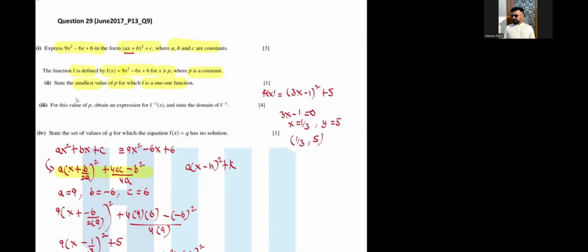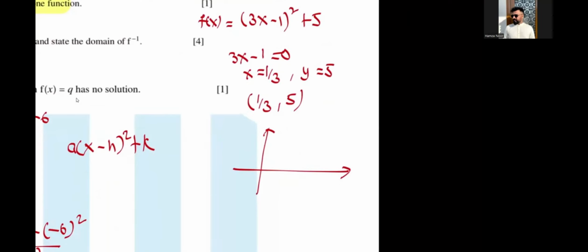If there was no restriction on the domain, the graph would look something like this, with the turning point at (1/3, 5), meaning the turning point is completely above the x-axis. x is 1/3 and y is 5. This is our turning point.